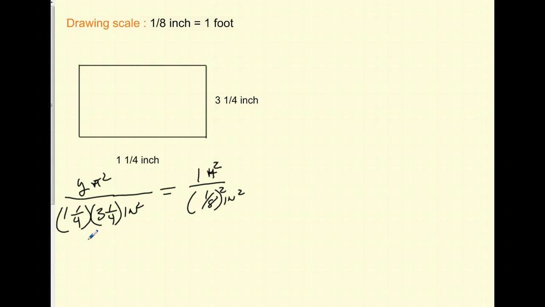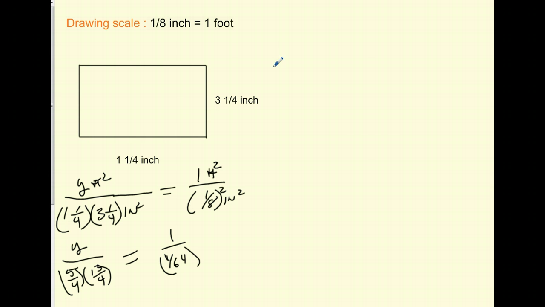So that gives us y. Convert these to improper fractions. 4 times 1 is 4 and 1 is 5, so that's 5/4 times 3 times 4 is 12, and 1 is 13, so 13/4, is equal to 1 over 64. Leave the units off right now.